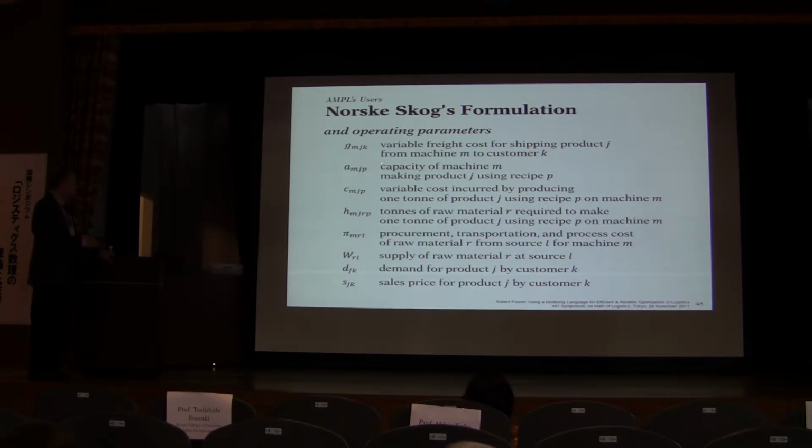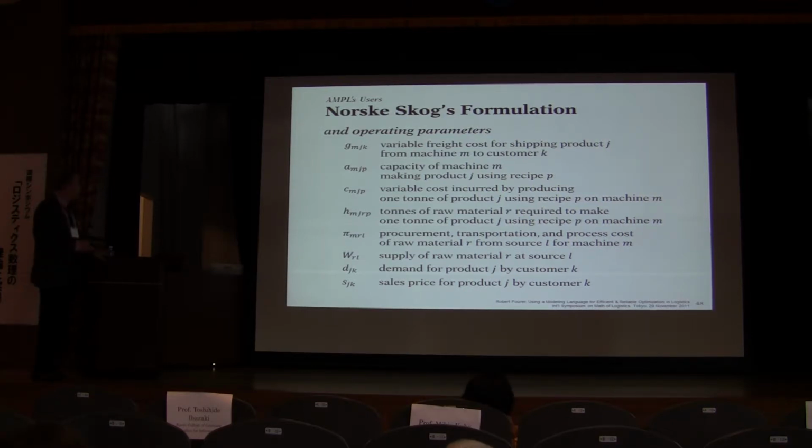There's the logistics, and also the capacity for making things, various kinds of costs incurred, raw materials needed. Okay, so there's the cost of getting the raw materials and the amounts needed, the amounts of supply that are available, and then for each product and each customer, the demand and the sales price. So a huge amount of data has to be brought into this.